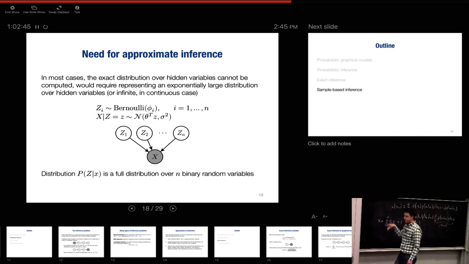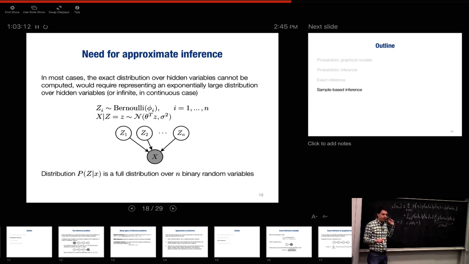So this is a pretty simple model. It's also sometimes called a subset sum problem, for those that have heard about these before. Basically, I'm taking a bunch of Bernoulli random variables, computing some weighted sum, and I observe that sum. The question then is, what is the posterior distribution over all my random variables, given an observed value of x?